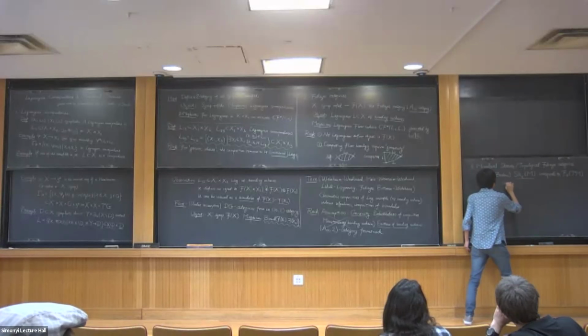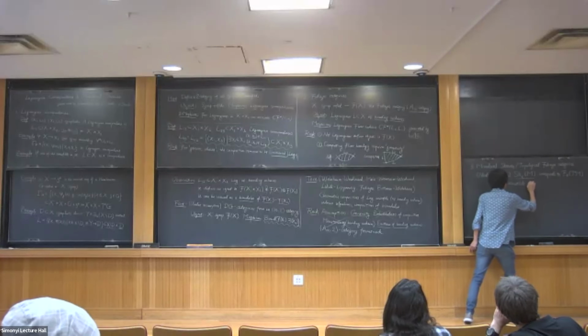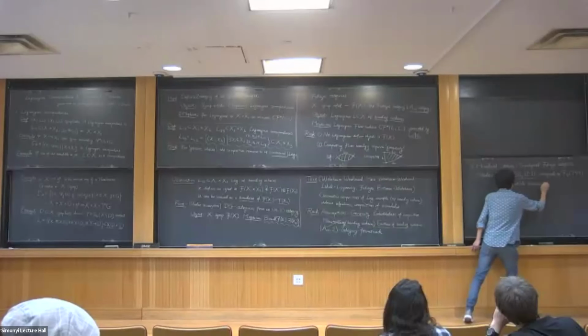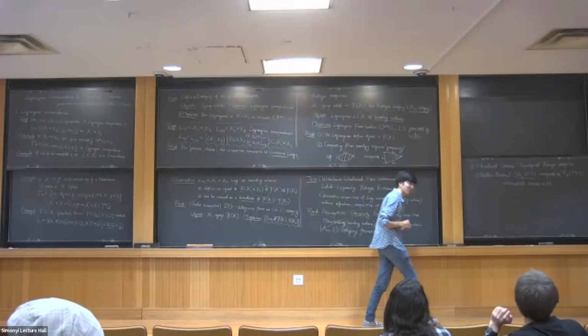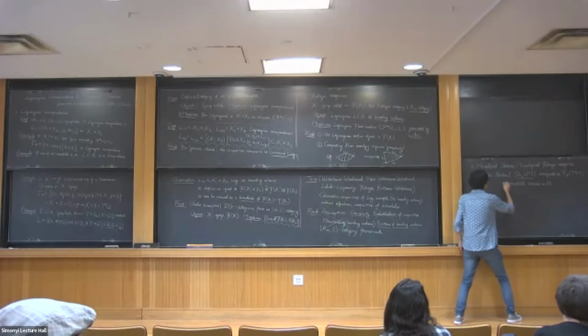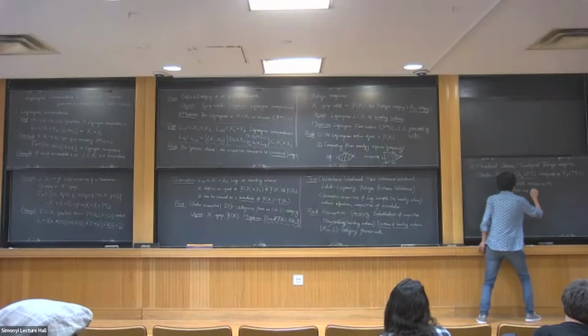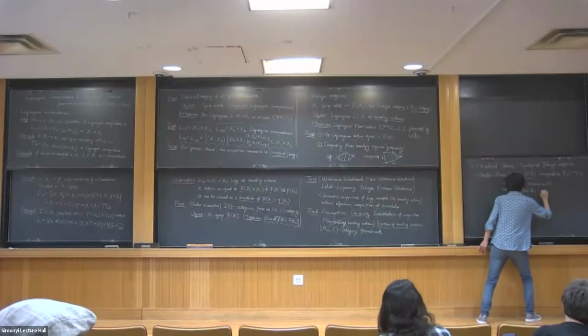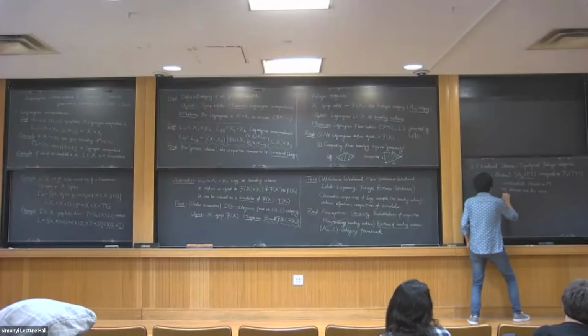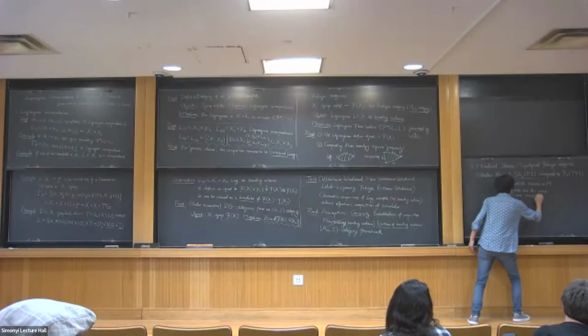This is the category of constructible sheaves on a smooth manifold. The word constructible is just trying to say that the sheaf or the sheaves are locally constant with respect to some reasonable stratification of the manifold.